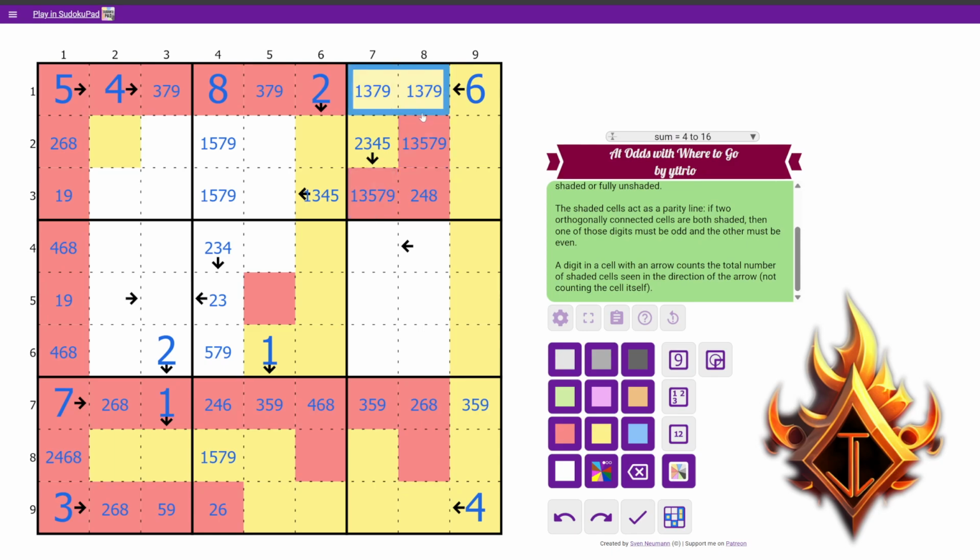So I have 4 out of 5 odd. If that is 5, these would all be red. If that is 5, all of those would be red.